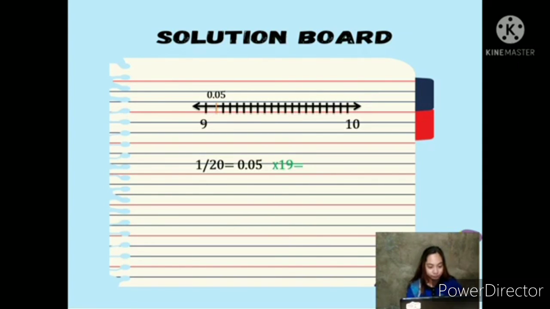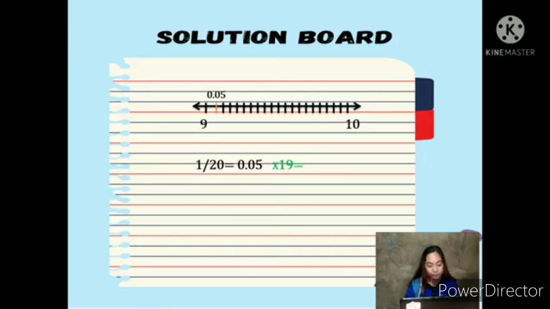And then, ita-times natin siya sa 19. Dahil ang hinahanap is yung value ng last marker before 10. So, 19. Dahil ang pang-20 is yung number 10 na po.